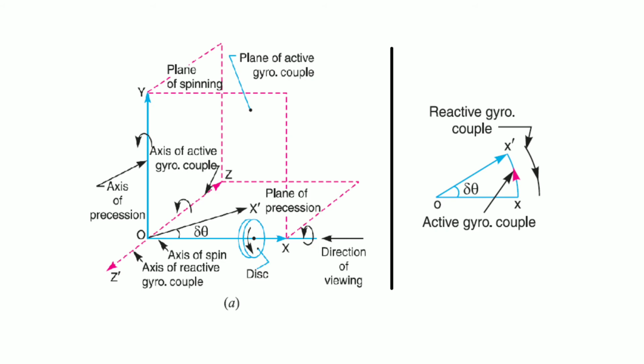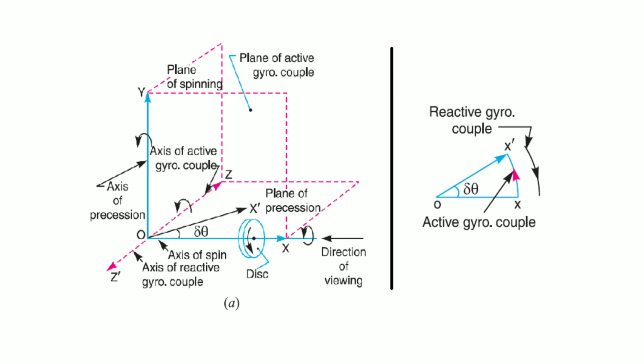Now if we want to represent the angular velocity of the rotor using the right hand screw rule, we represent OX as the angular velocity of the rotor. When the axis of spin is displaced through a delta theta angle, the angular velocity of the rotor remains as it is.